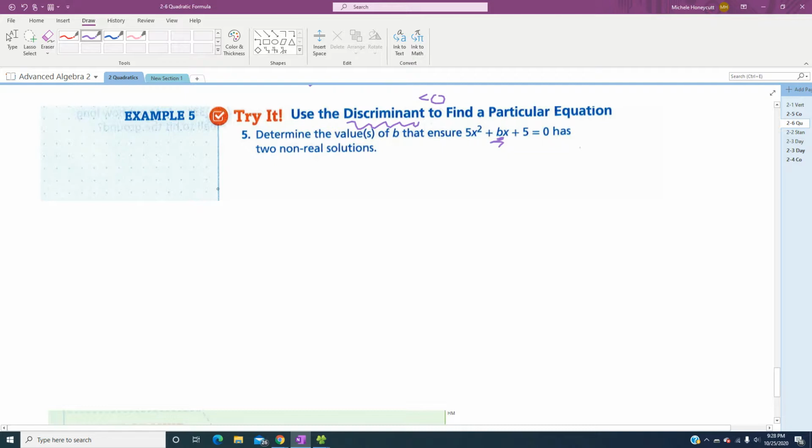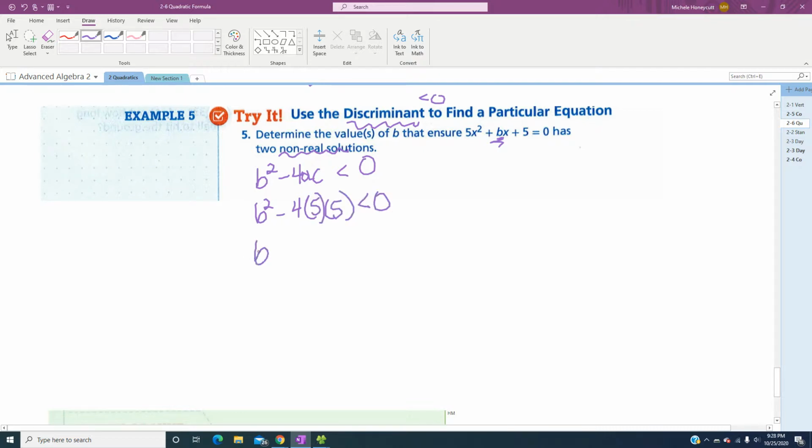So I would need b squared minus 4ac to be negative, or less than 0, in order to have 2 non-real solutions. The b is b, so b squared minus 4, a is 5, and c is 5.